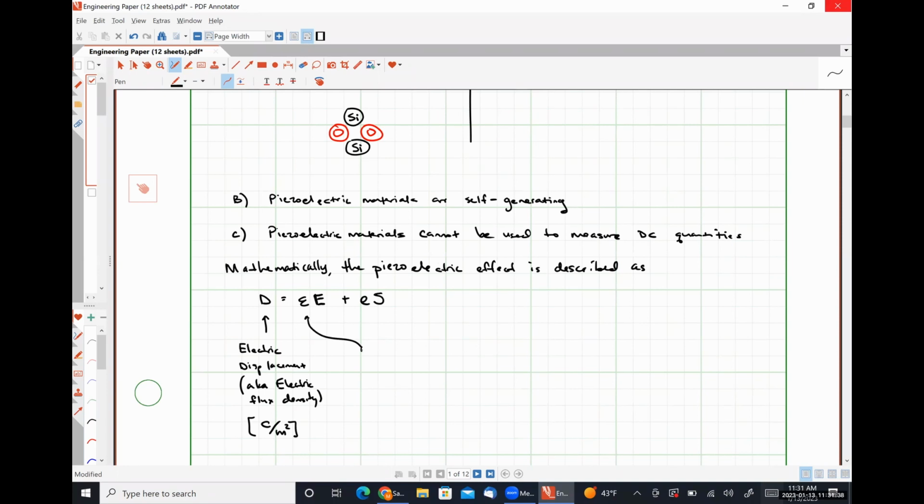This epsilon, actually, hold on. Now I'm going to confuse myself. I'm going to make that a large script E, and I'll explain why in a moment.